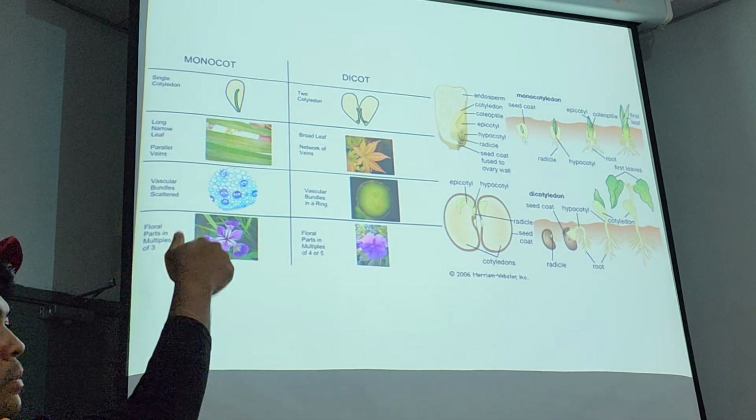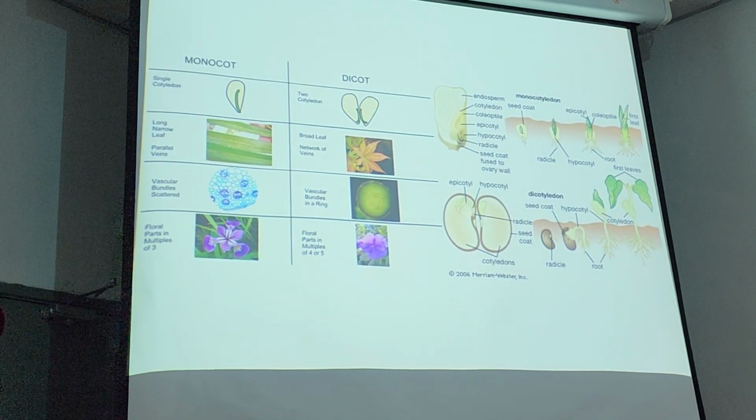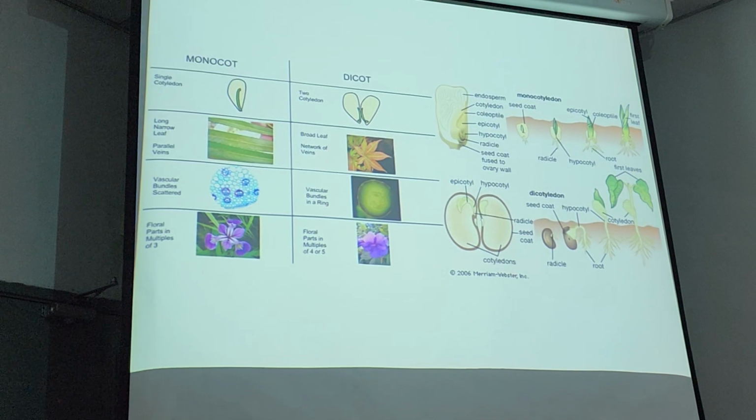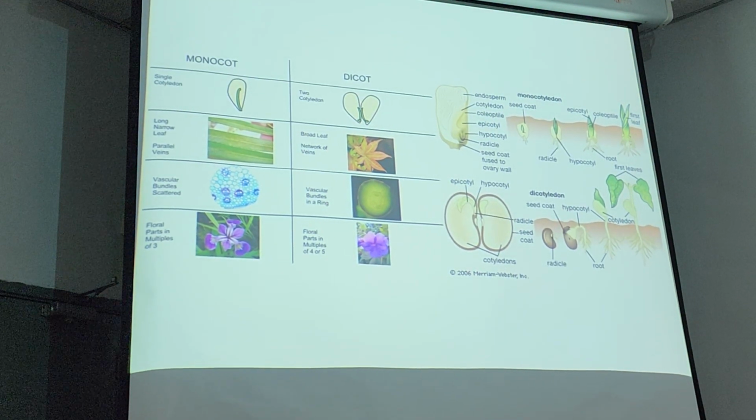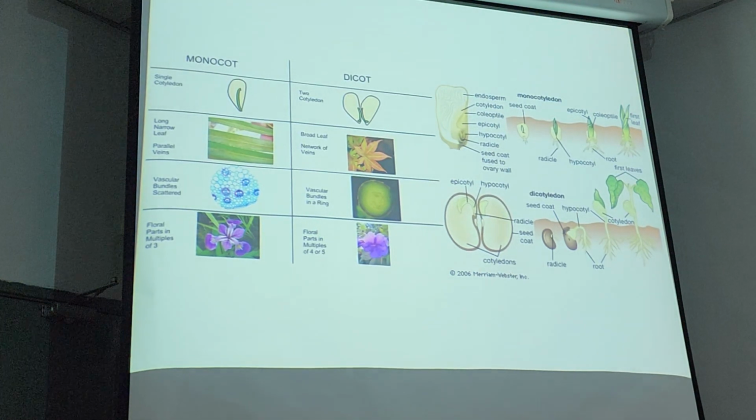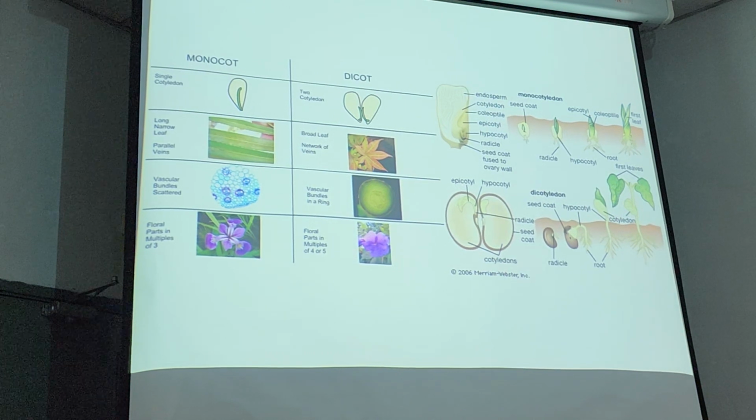So which germination is more advantageous? Which one do you prefer, the bottom or the top? Bottom. Why? They have more energy. Why? They drink Red Bull.